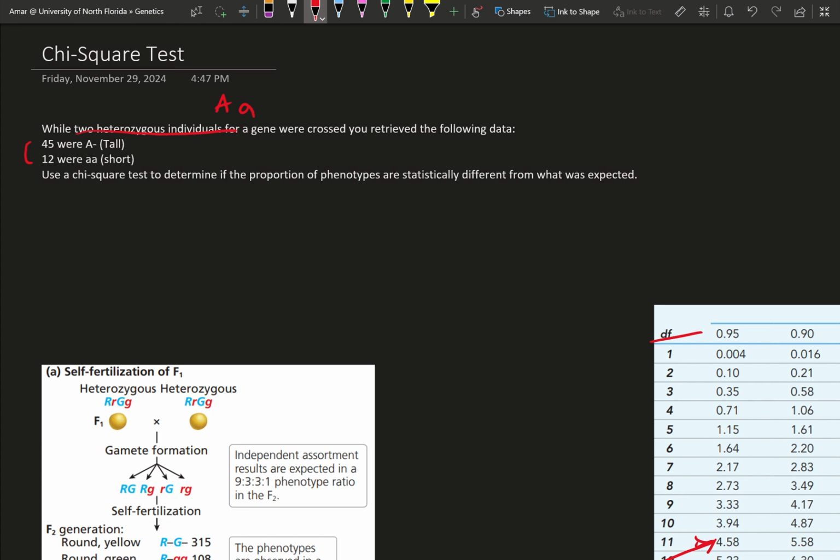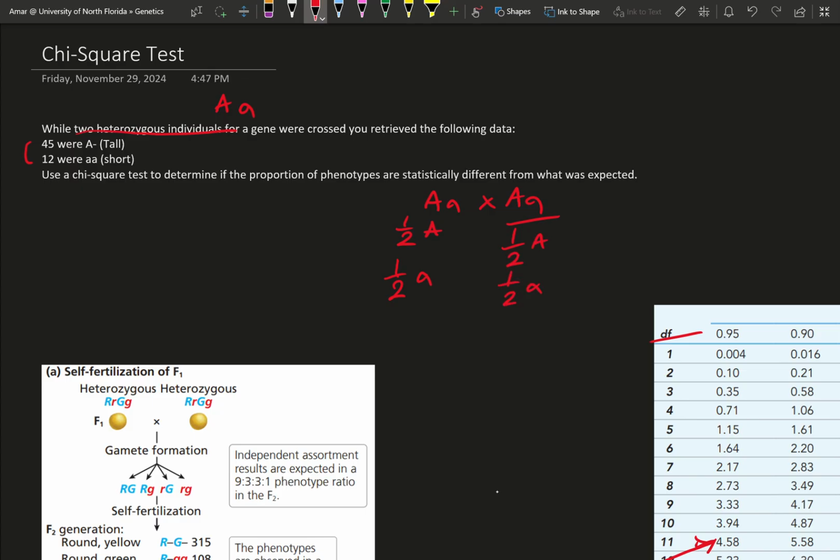The first thing you have to do is determine the expected amount of individuals. If you cross big A little a with big A little a, we're expecting a 1/2 chance from the first parent to get big A, a 1/2 chance to get little a, and the other parent also has a 1/2 chance to get big A and a 1/2 chance to get little a.